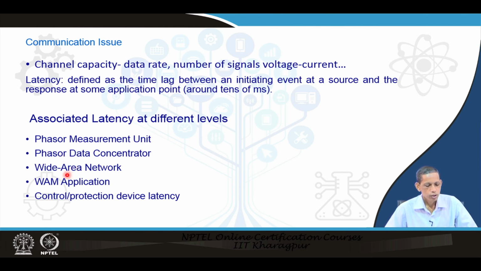The wide area network has a communication system and the corresponding router, and then the WAM applications, the wide area measurement applications, in terms of protection, control or visibility through a monitoring system. This application software will have its own time delay also, and after receiving the command, the execution at the control or protection level also relates to this, with different device-level latency.